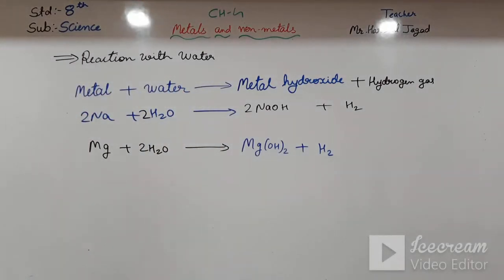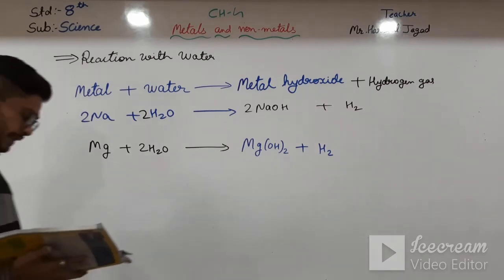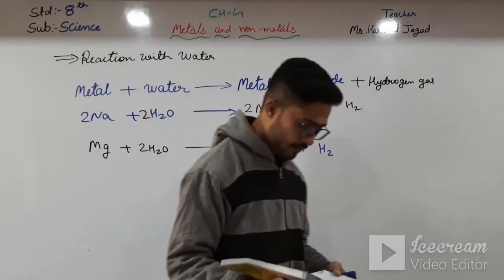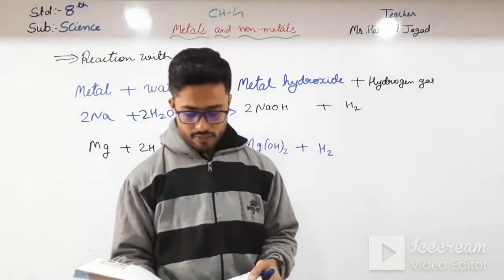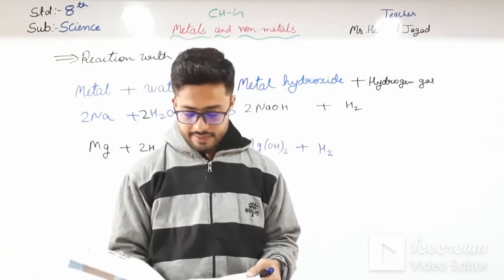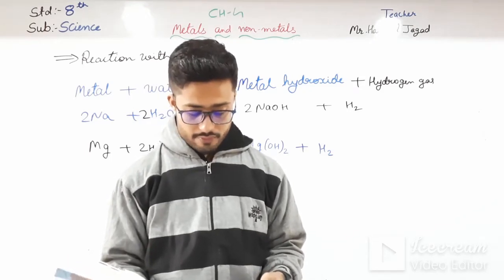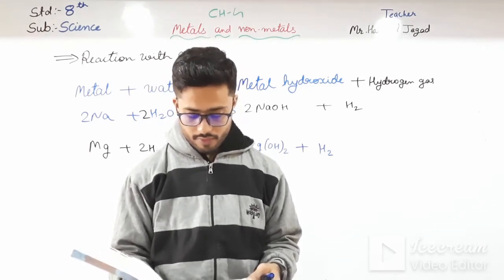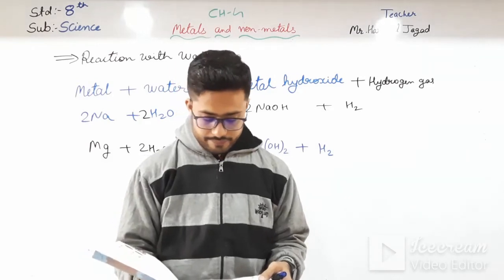Okay students, see here I am just reading reaction with water. Most metals react with water to produce a metal hydroxide and hydrogen gas. Some metals react with cold water while others require hot water or steam.